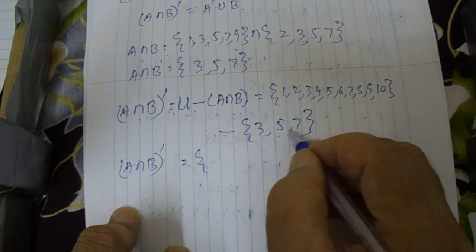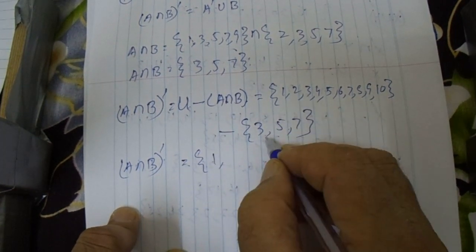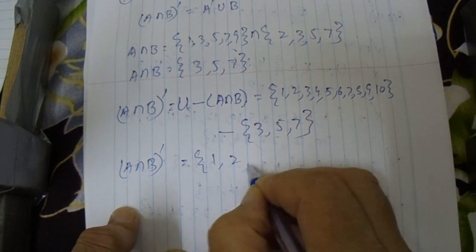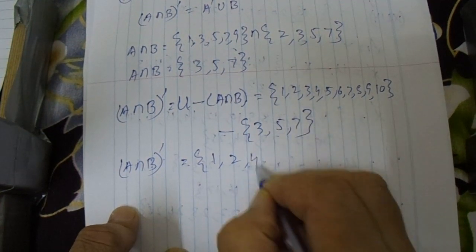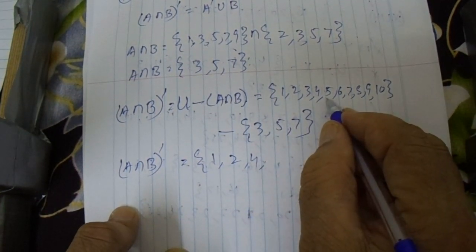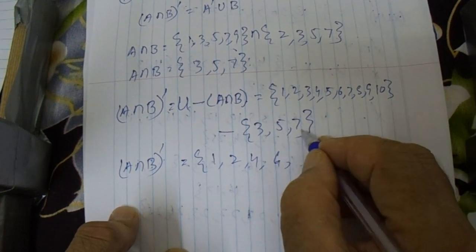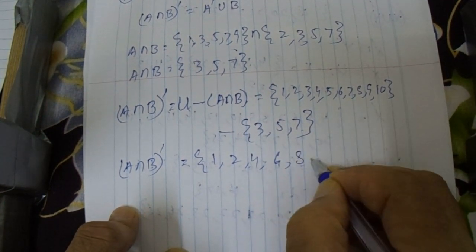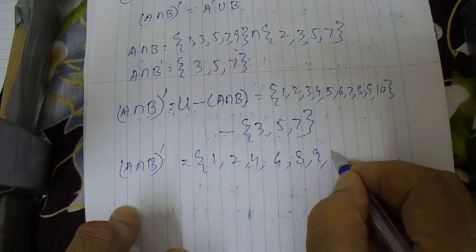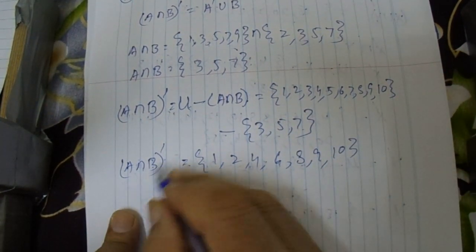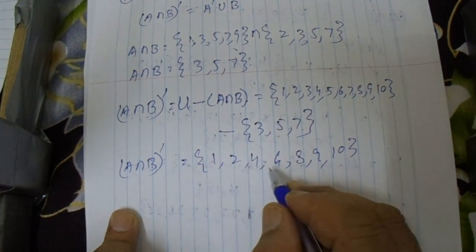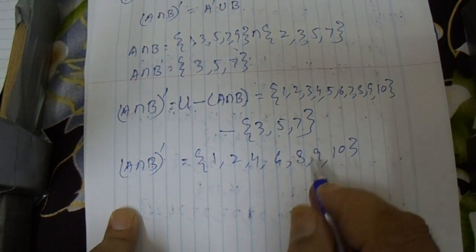Now 1 is not present, we write 1. 2 is not present, we write it. 3 is present, we don't write. 4 is right. 5 is not right. 6 is right. 7 is not right. 8 is right. 9 is right. And 10 is right. Now A intersection B complement is equal to 1, 2, 4, 6, 8, 9, 10.